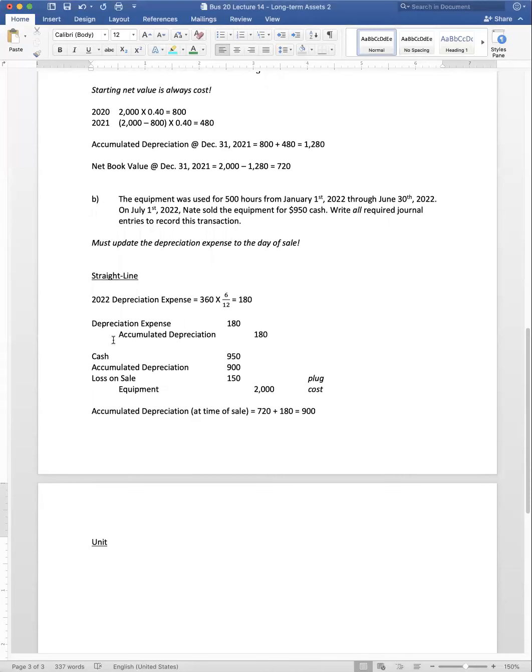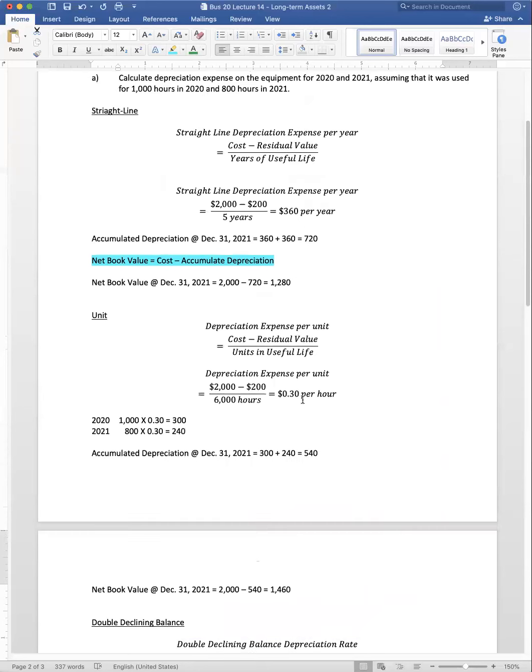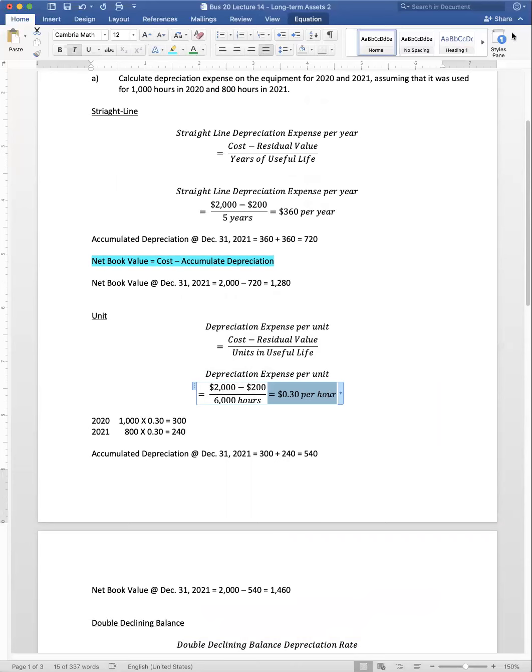Okay, so for the unit method, we have to start all the way back at the beginning. Same thing. We've used the equipment in 2022, only for half the year though. So we're going to have to calculate our 2022 depreciation expense. Now, under unit, we already determined that the depreciation expense was 30 cents per hour.